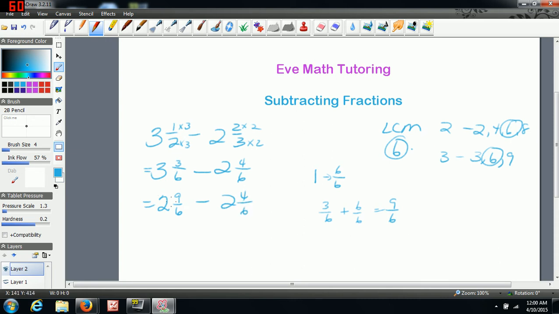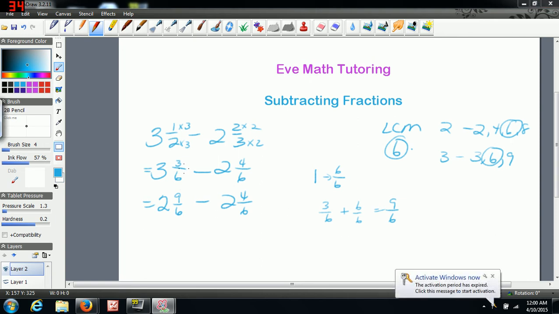Now, this is the same as this. It's just that we're writing this in a different way. What we're doing is we're carrying 1 over here, but when we bring it over, we're bringing over 6 over 6. Now, when we bring over 1, that's equal to 6 over 6.